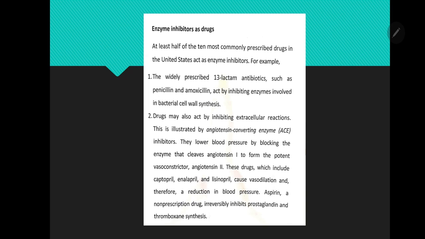Now, what are these drugs? You have gone through the lipid profile. When talking of the lipid profile, can you tell me what the lipid profile includes? Number one is cholesterol. Number two, triglyceride.